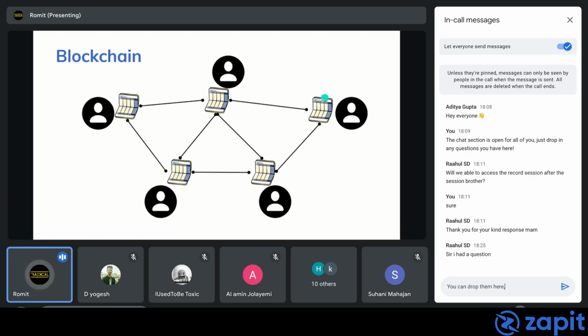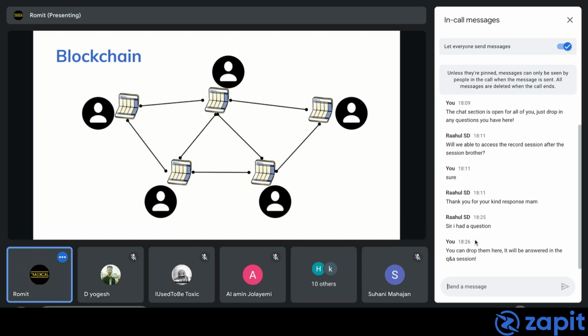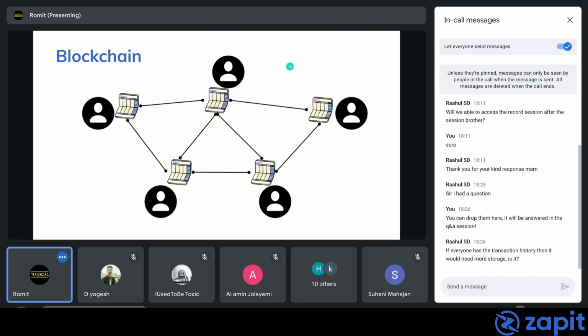Even if one person's copy does not match, say I take my own copy and write myself 1,000 bitcoins, the entire network will reject my transaction or entry because everybody else does not have that transaction. So I cannot cheat the system by changing my own set of rules. Everybody else also has to agree to it. Only then does this transaction work.